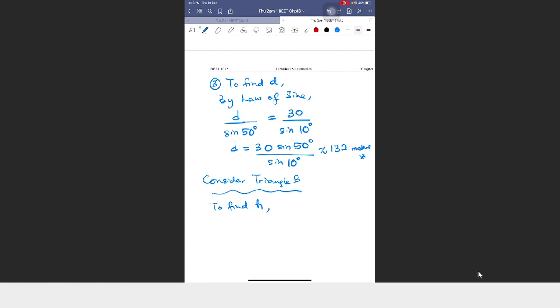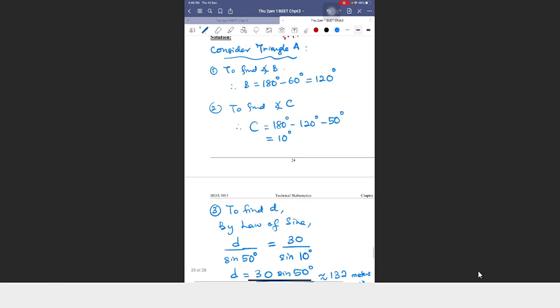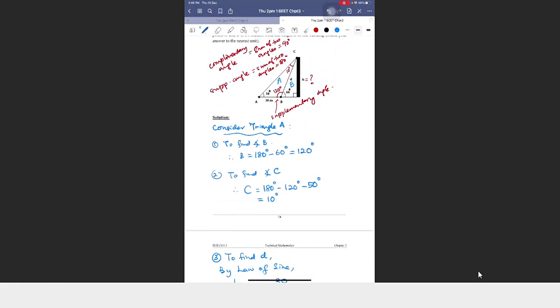As I said earlier, you can just use your trigonometric ratios between H, B, and 60 degrees. That is sine: sine 60 degrees equals H over B.